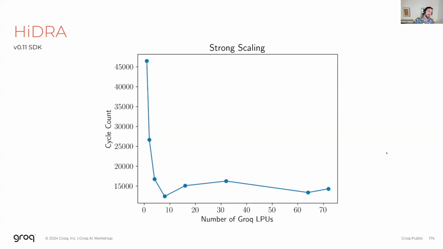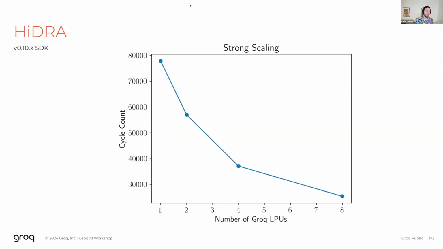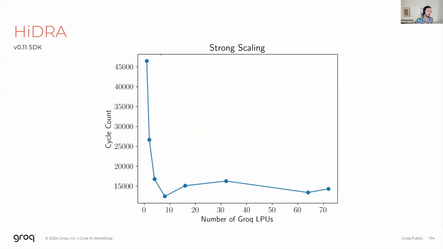On the current version of the SDK, first of all, if you look at this y-axis, you'll see the cycle count start at 80,000. On the current version of the SDK, we're somewhere around 40,000. So that's already a nice little speedup for free, that you as an end user don't have to do anything for. The strong scaling actually goes a little bit better also, which is nice.